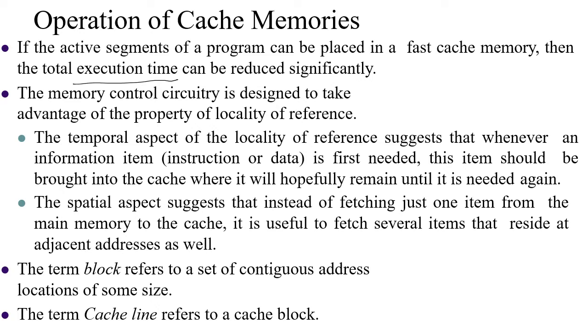So to reduce the execution time, the most frequently used data, the instructions that are most frequently repeated, are placed in a separate memory called the cache memory. The cache memory holds data in the form of blocks. The processor will not be executing only one instruction at a time. It will be executing multiple instructions or multiple blocks of instructions.